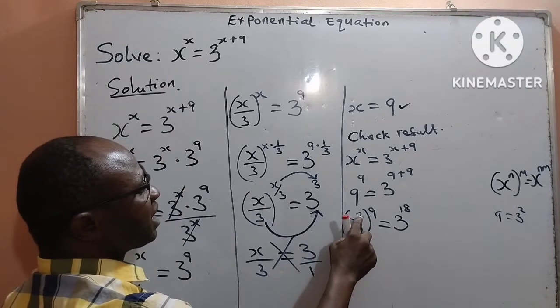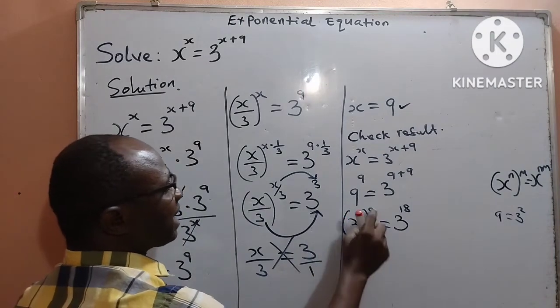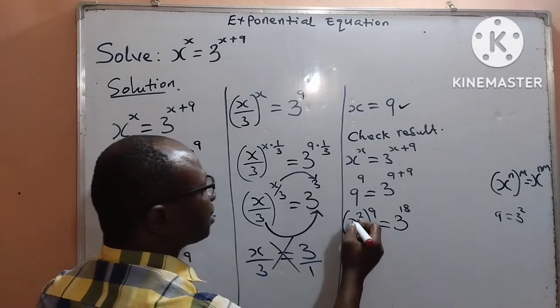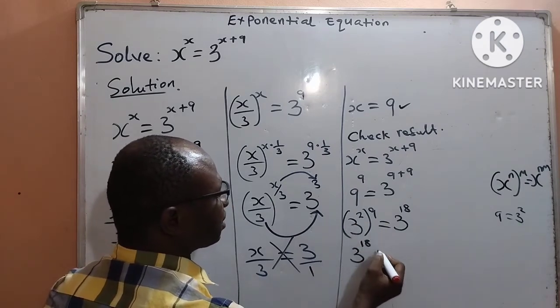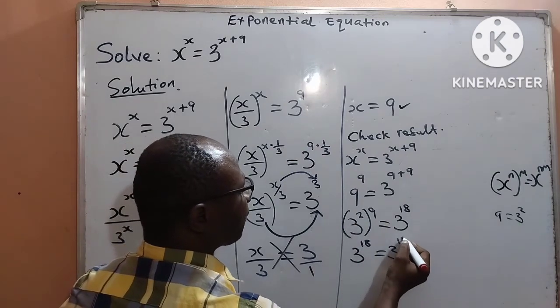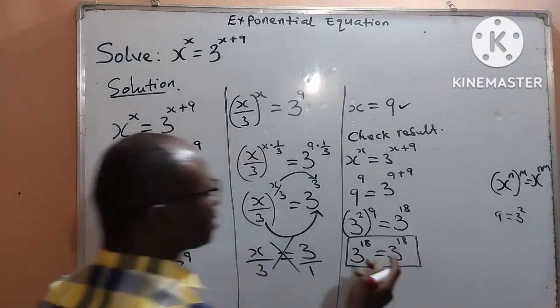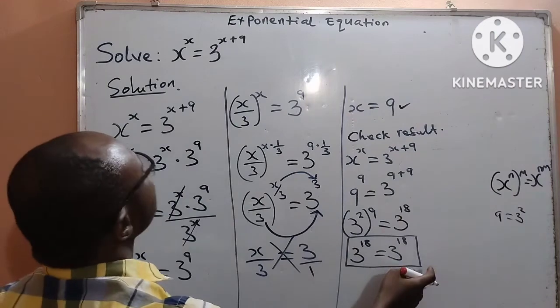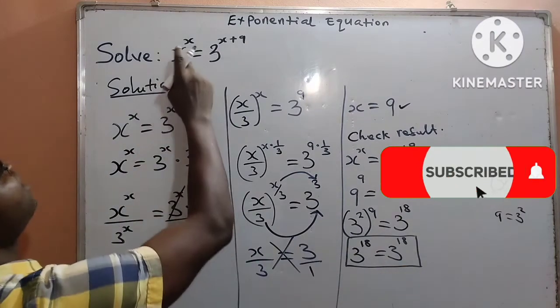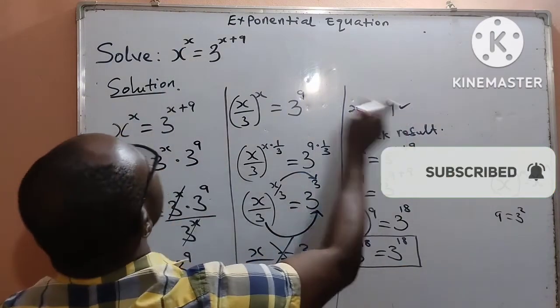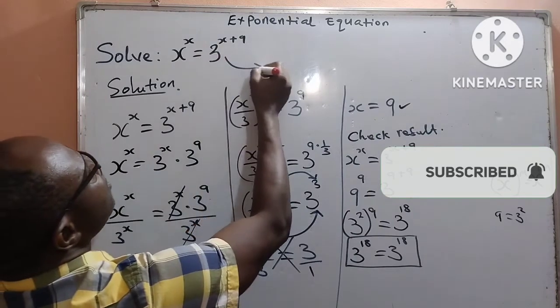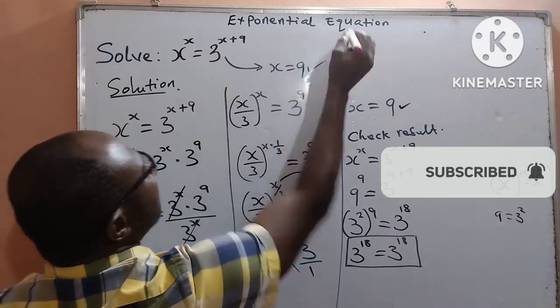So doing that here, I will have 2 multiplied by 9 to give me 3 to the power of 18, equal to 3 to the power of 18. Looking at this, you can see that both sides, the left hand side and the right hand side, are equal, authenticating our answer that the value of x in the given question is equal to 9.